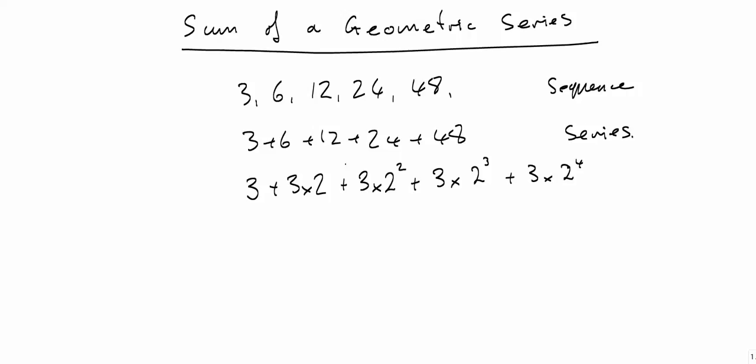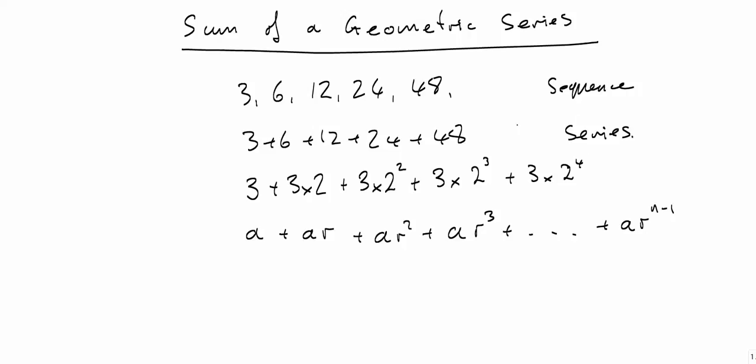And we can see the pattern in the terms here, and as in the previous video on the geometric sequence, we know that if we have a geometric sequence where first term is a and common ratio is r, then we can write it a, ar, ar squared, ar cubed, etc. And the general term is ar to the n minus 1.